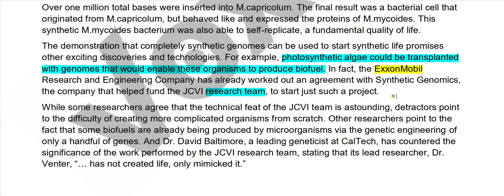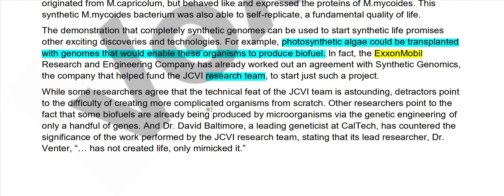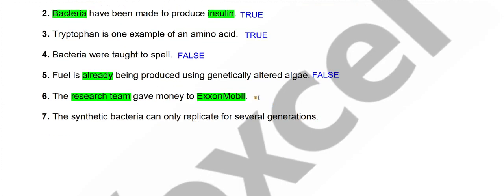In fact, they are being funded, because this company worked out an agreement with the other company so as to fund this. So this team is not funding that team. In fact, that team, in collaboration with this team, is funding this team. So the answer should be false.